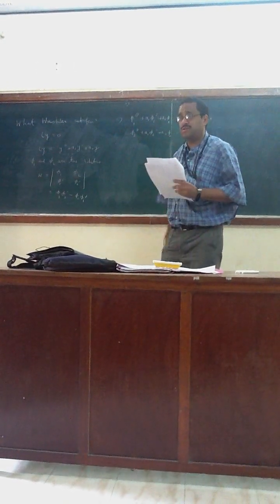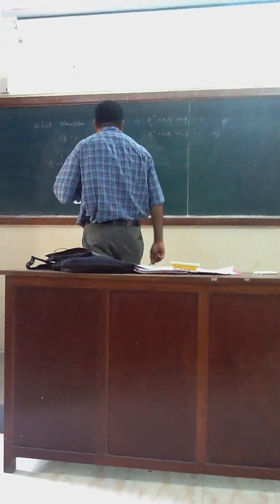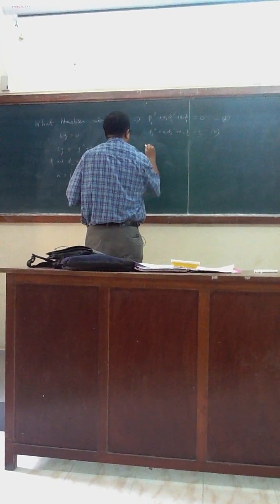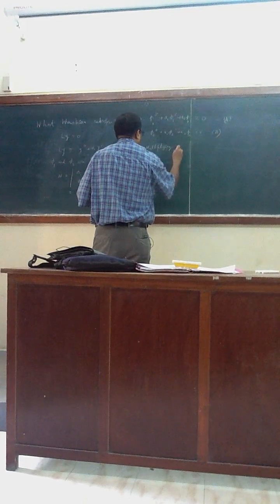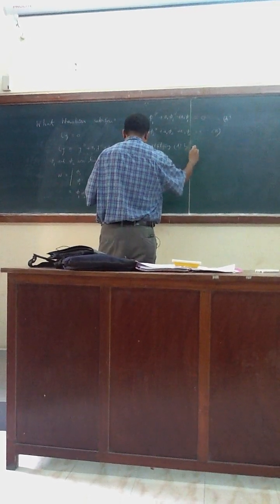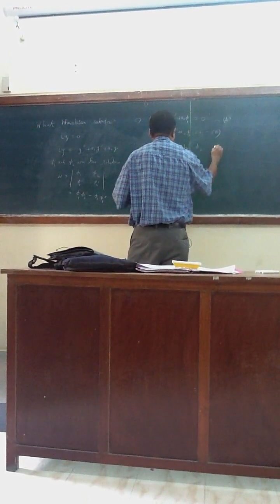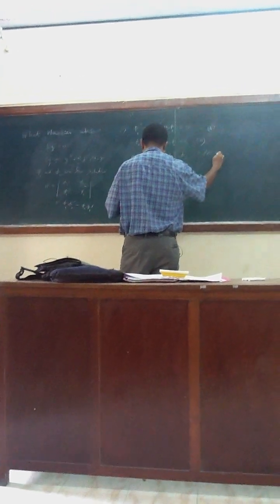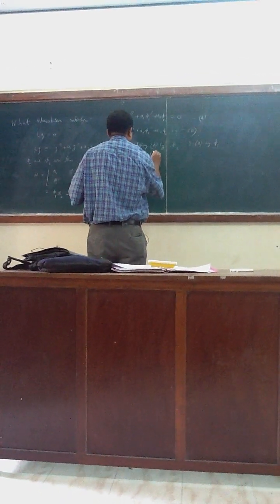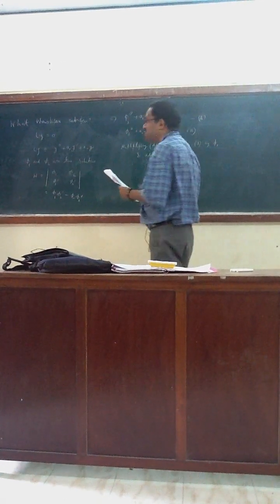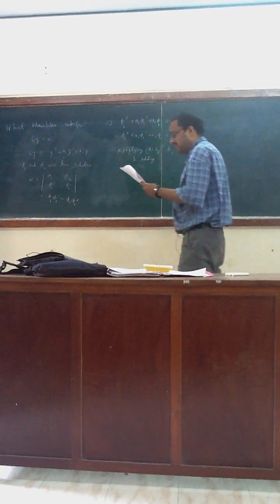Otherwise you won't get the Wronskian. So multiplying A by minus phi 2 and B by phi 1 and adding. I am doing minus phi 2 multiplication, I can add, no problem.